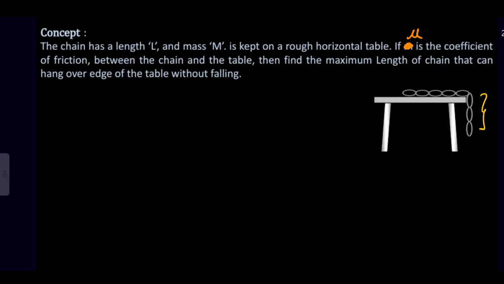Understood? So that is simple. What can we say in this case? Mu is the coefficient of friction, which is equal to hanging mass by resting mass.